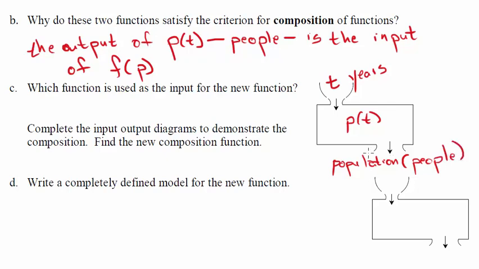Then we're inputting that into f of p, and we're getting out the contamination. And our units for contamination here are parts per million.